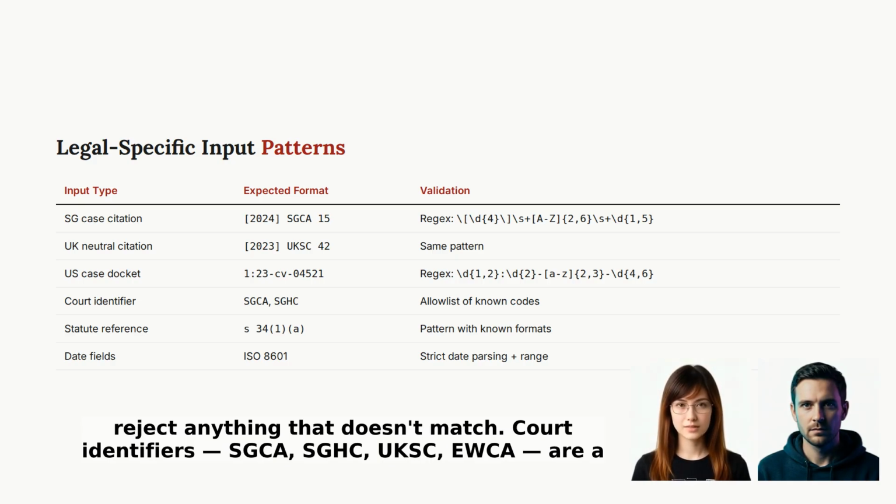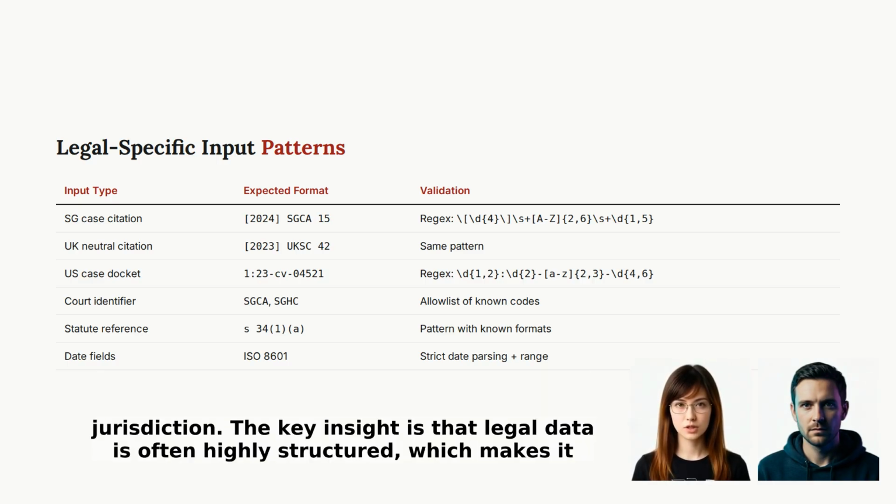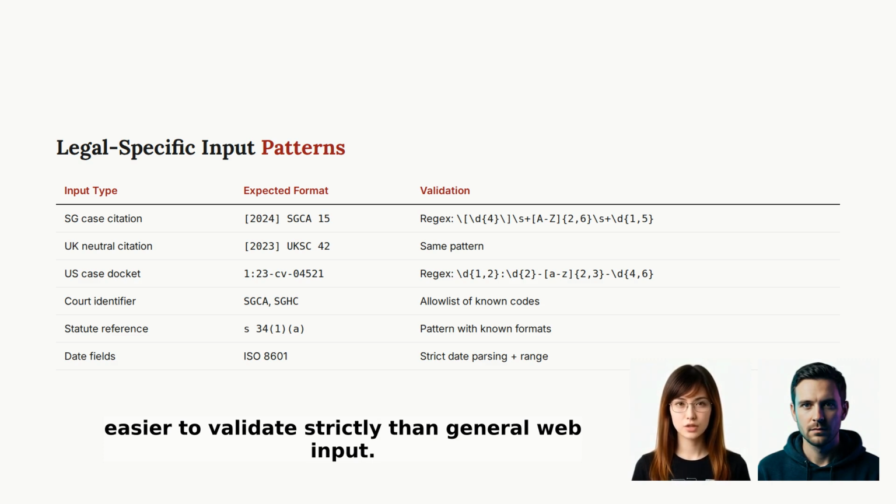Court identifiers, SGCA, SGHC, UKSC, EWCA, are a finite set. That's a strict allow list, an enum. Statute references have known patterns per jurisdiction. The key insight is that legal data is often highly structured, which makes it easier to validate strictly than general web input.